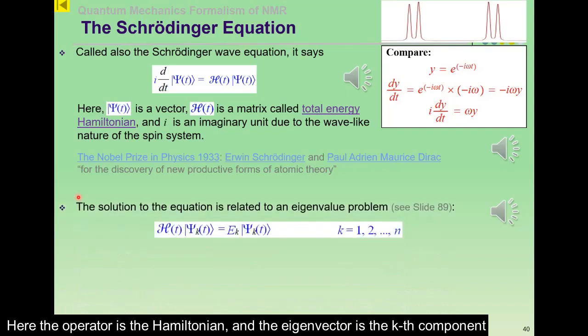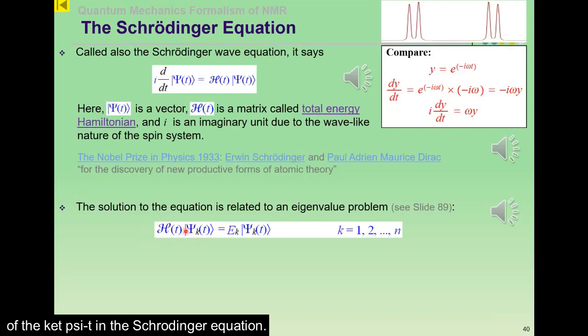Here the operator is the Hamiltonian, and the eigenvector is the kth component of the ket psi t in the Schrödinger equation. In other words, the kth component in psi t is also a ket.